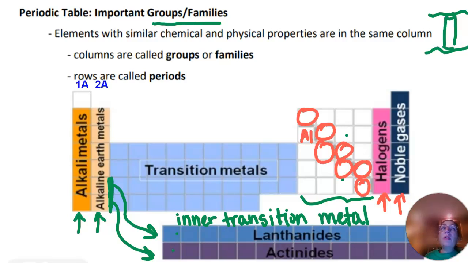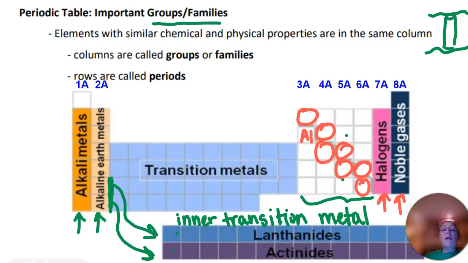Lots of times people label these columns. The alkali metals are the 1A. The alkaline earth metals are the 2A. Then we have 3A in that column where we've got aluminum. And then 4A for the column that's got carbon in it. And then 5A, 6A, 7A for the halogens, and 8A for the noble gases.